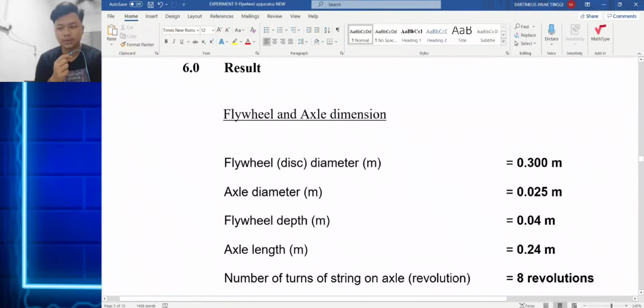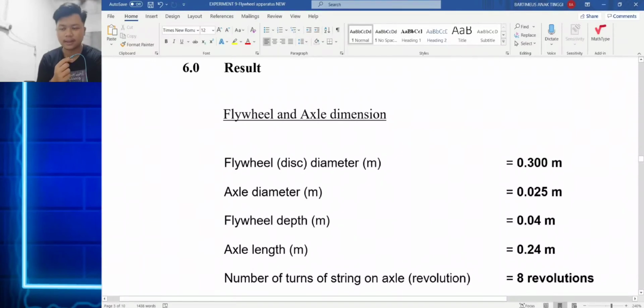So we go to the result and we can see the flywheel and axial dimensions. For the flywheel, the diameter is 0.3 meter, and for the axial, the diameter is 0.025.